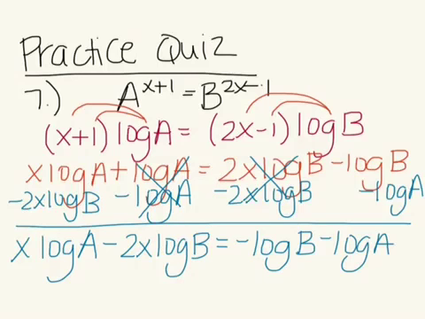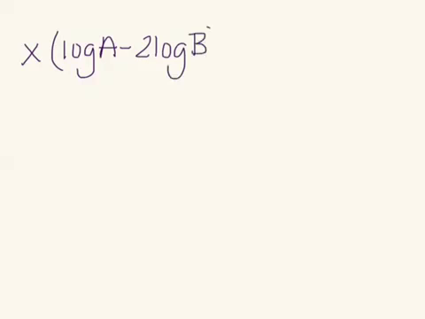So the next thing to do is to factor out an x. On the left side of my equation, I have x's in common. I'm going to add a page and factor out that x. So here we go. X, we have log of a minus 2 log of b. And then my other side's the same. I think I had my log of b in front, minus log of a.